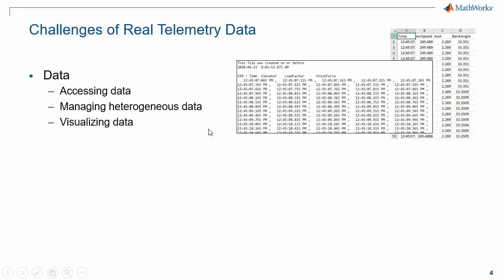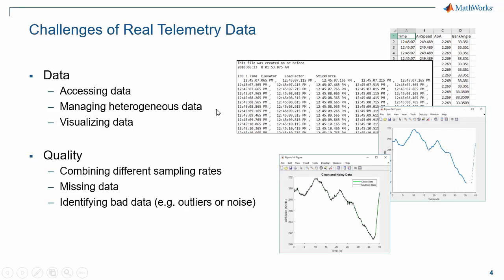Okay, but what are some of the real challenges when working with this real telemetry data? The first challenge that we often see is just data access. Right? So being able to go ahead and access data in different formats or managing heterogeneous data. Now, once we have this data in, oftentimes the quality is not what we want, right?